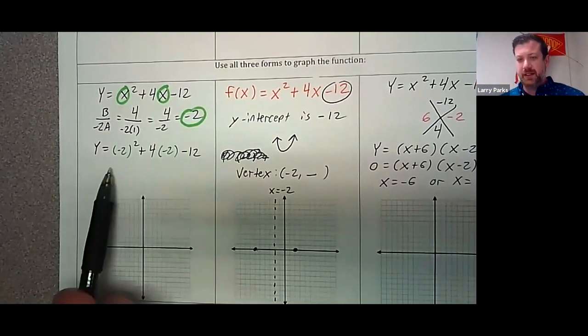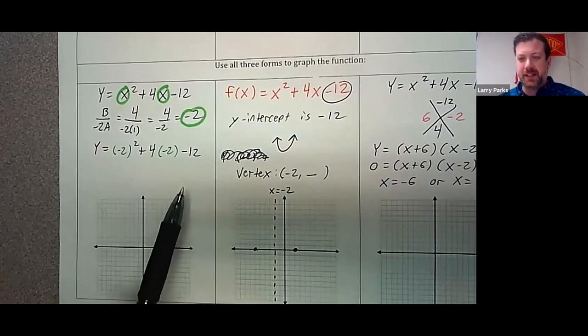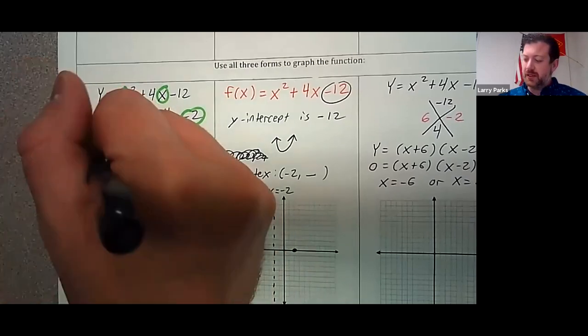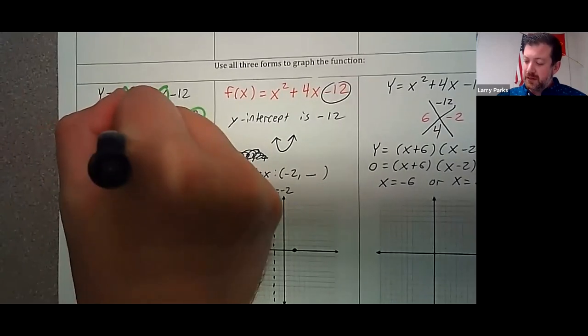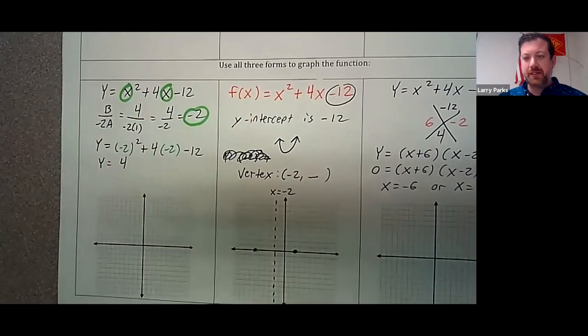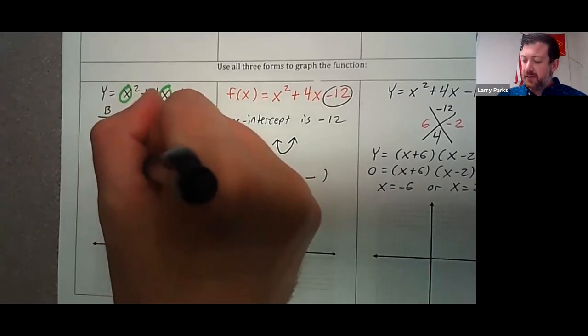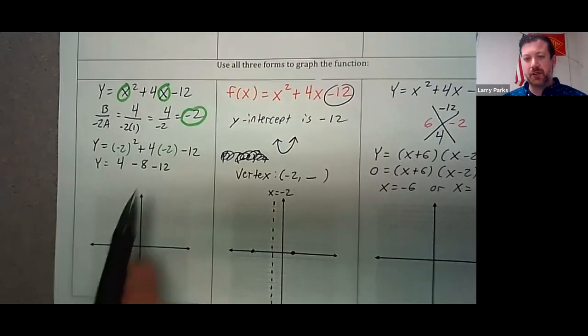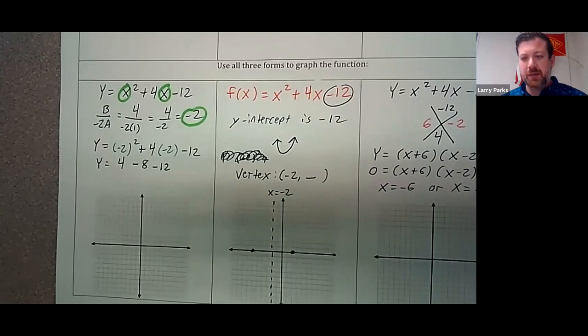Now, you could plug this into a scientific calculator. Desmos has a scientific calculator if you need it. I'm going to go ahead and do this by hand. See, negative 2 squared is 4. 4 times negative 2 is negative 8 minus 12. That's really what is 4 minus 20. 4 minus 20 is what?